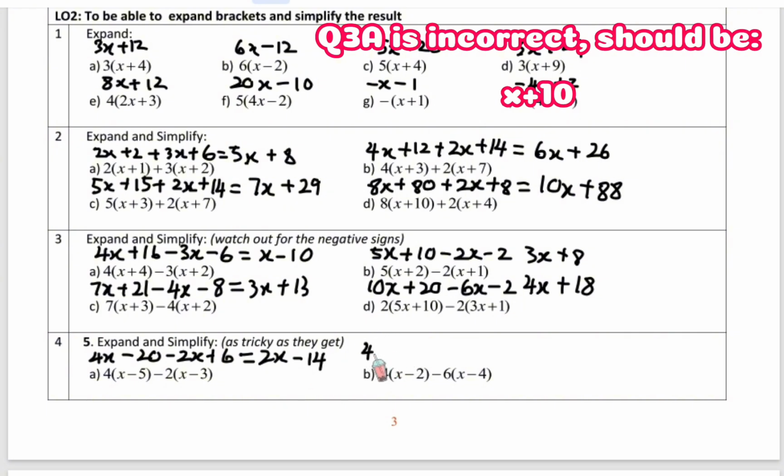For B, it is 4x minus 8 minus 6x plus 24. Yep, and this will be negative 2x plus 16. For C, this will be 8x minus 16.